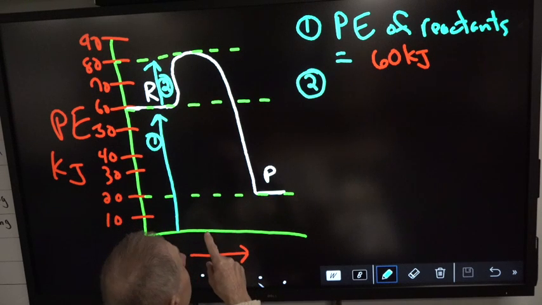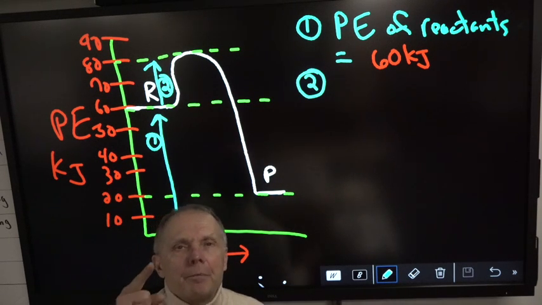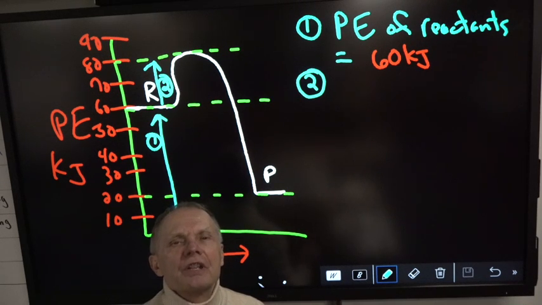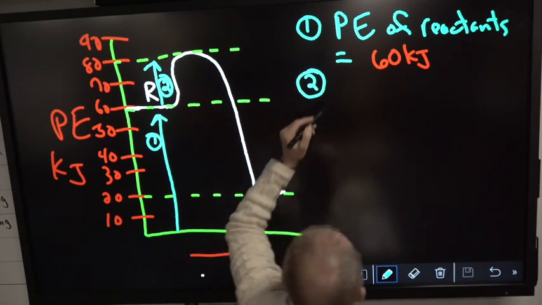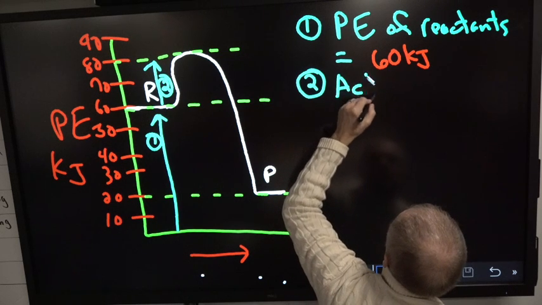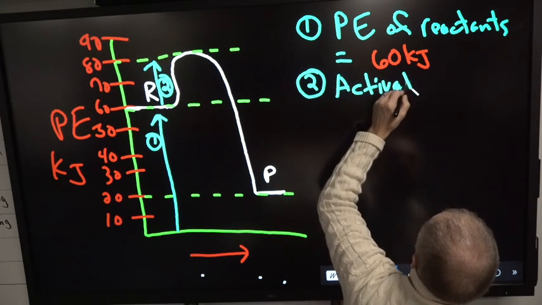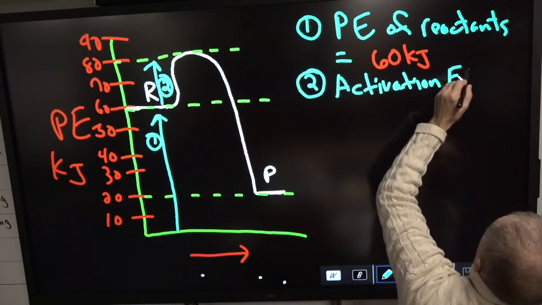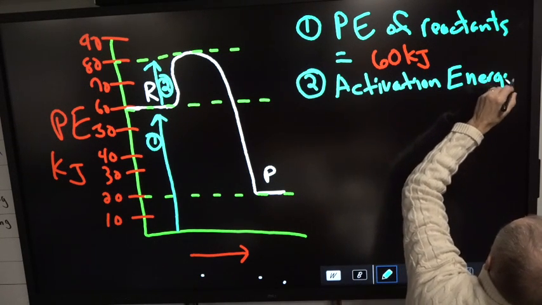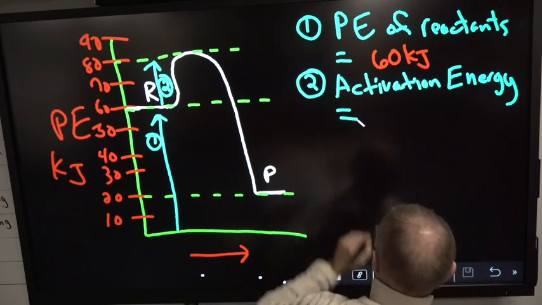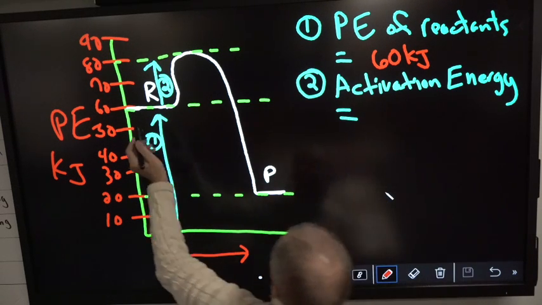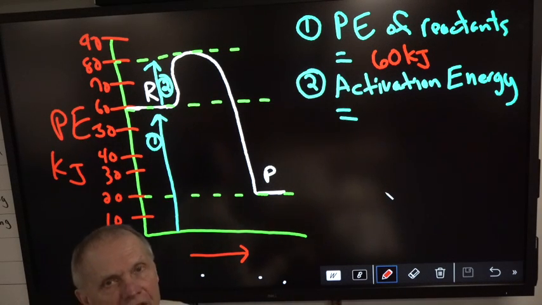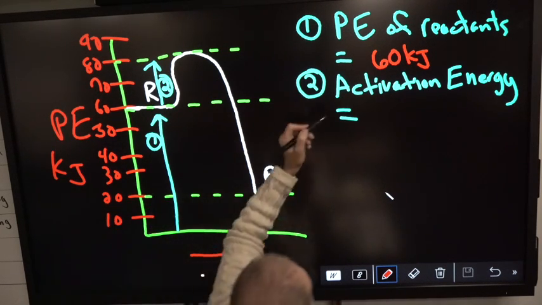So line segment 2 broke the old bonds. And so line segment 2 is considered the activation energy. And the activation energy runs from 60 to 80. So the activation energy is 20 kilojoules.